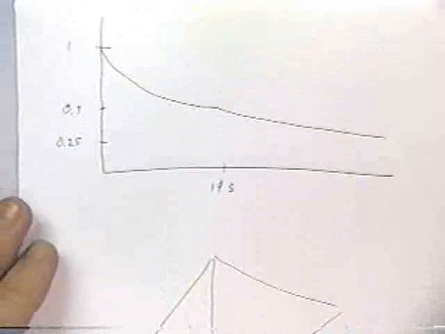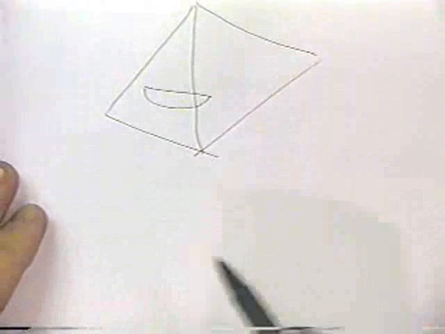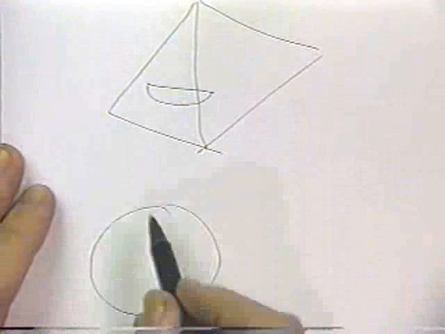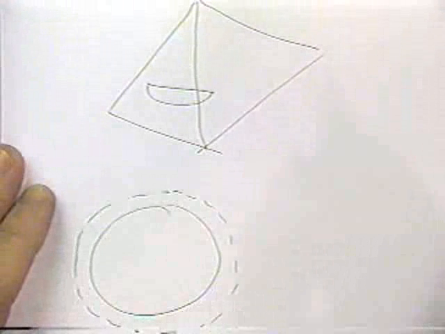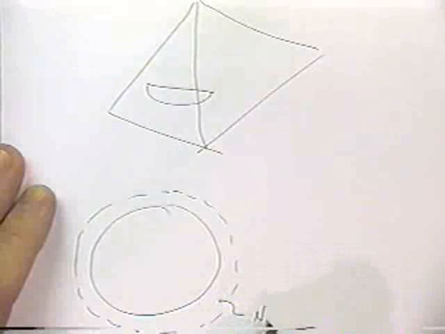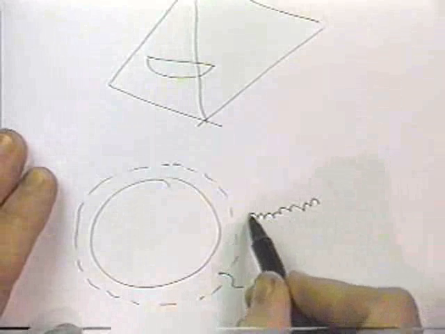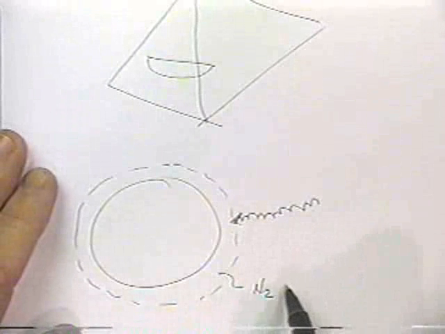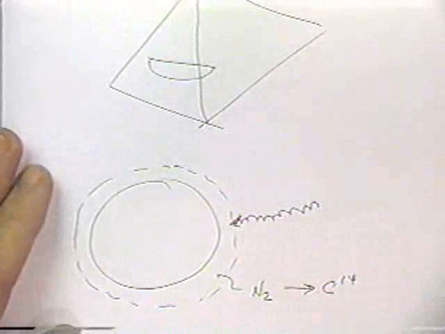Now the idea is that with half-lives, you can figure out how old the boat is. This is the logic behind it. Here we have the Earth. This is the atmosphere surrounding the Earth, which is composed primarily of nitrogen. And we have these cosmic rays impacting on the nitrogen, which transform it into carbon-14.